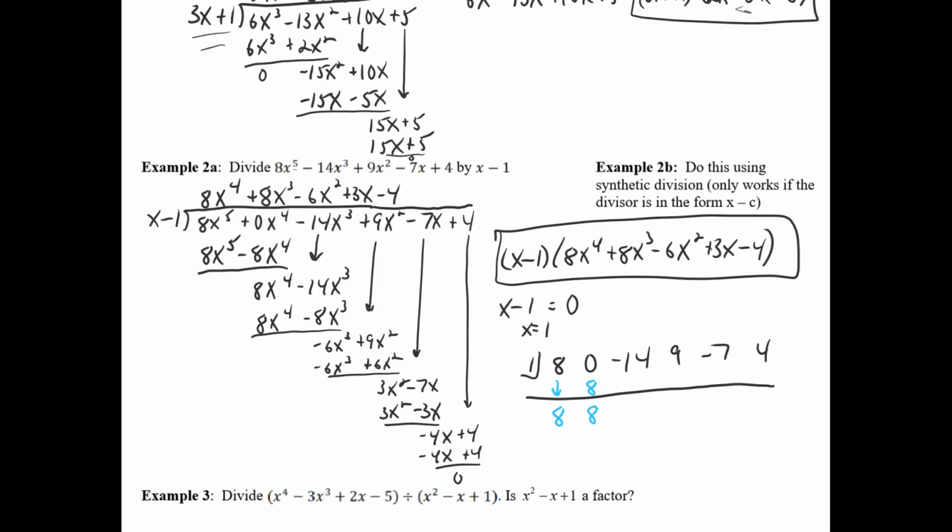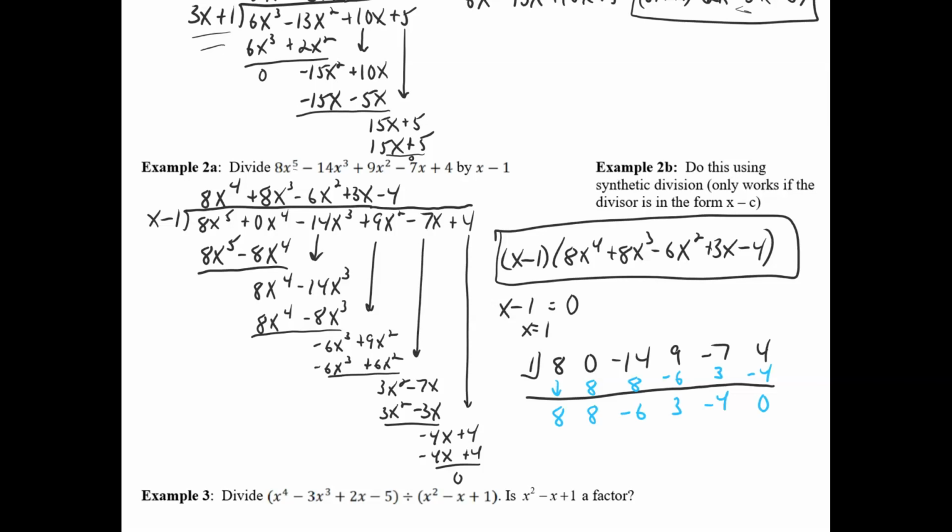So 8 times 1 is 8 again. Then you add. Negative 14 plus 8 is negative 6. Then you multiply by the 1, so you get negative 6. Then you add, so you get the 3. Then you multiply, you get 3. You add, you get negative 4. You multiply, you get negative 4. And you add, and you get that same remainder of 0.